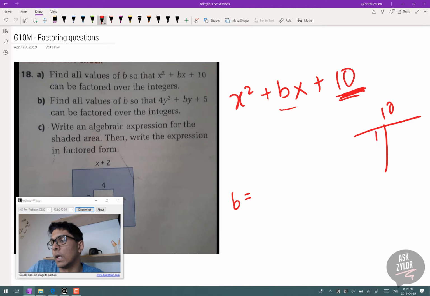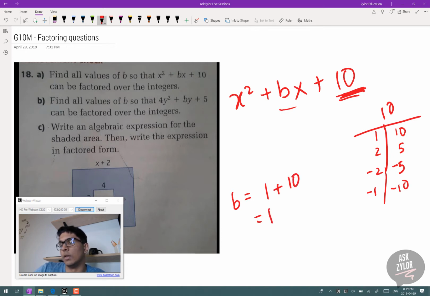So 10, I can have factors such as 1 and 10, 2 and 5, and I could also have -2, -5, and -1, -10. All these will multiply to give me 10, and all these I can add them up to give me my b value. So my b could be 1 plus 10, which is 11, or it could be b could be 2 plus 5 to be 7.